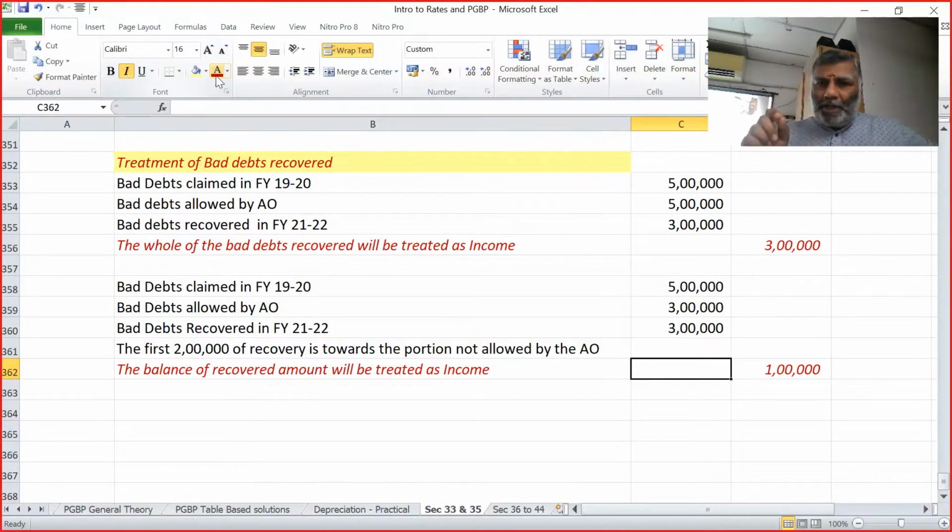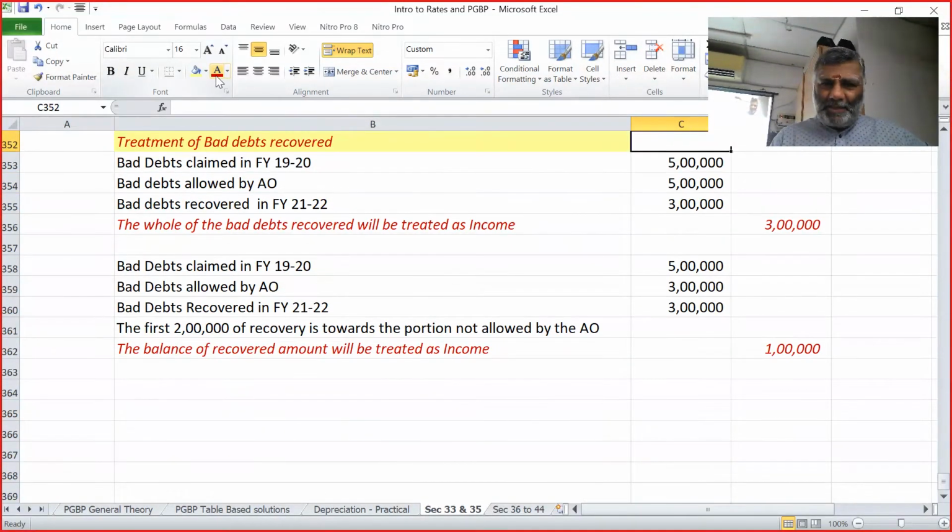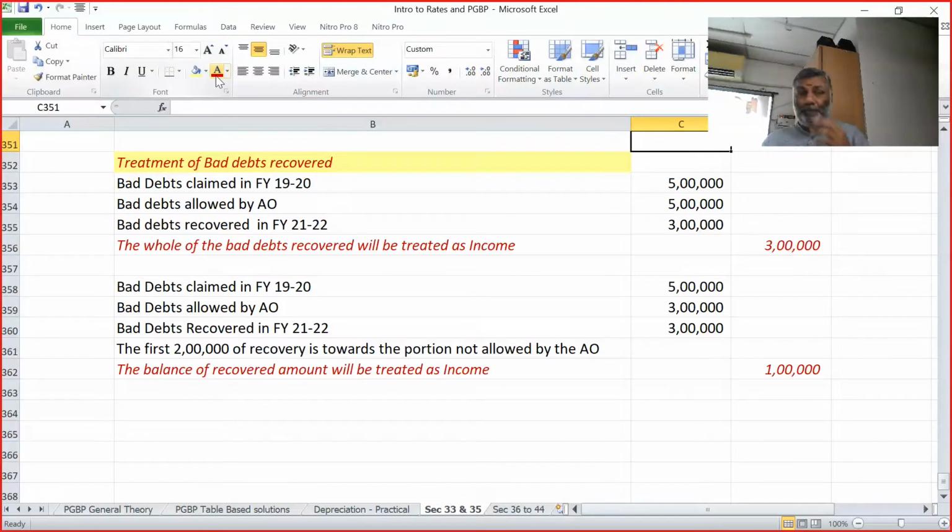Yeah, that is the answer for your thing also. It is only on the quantum, it is not on the party. Once or twice they have asked this, so I want you to be clear.